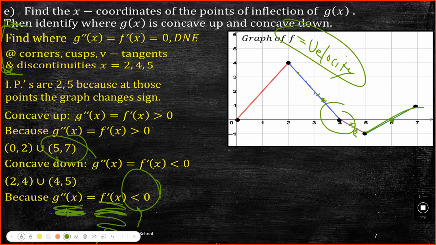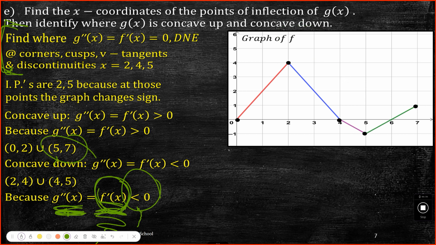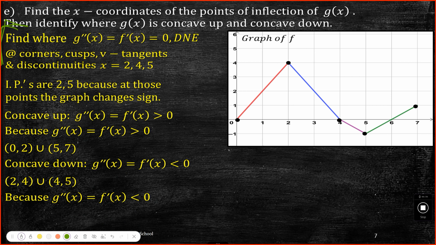We're talking about how f prime has to be less than 0, not f itself. It's just the slope of it. So what do we say then? Not the actual velocity, but the slope of the velocity.